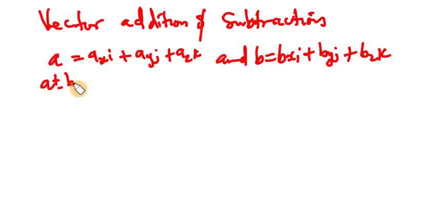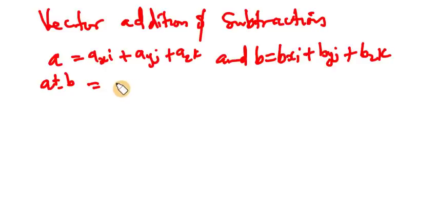If you want to add this, this is in i units, this is in j units, this is in k units. You add i to i, j to j, and k to k.